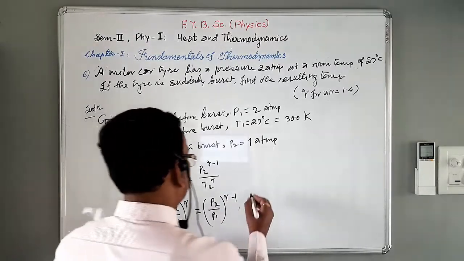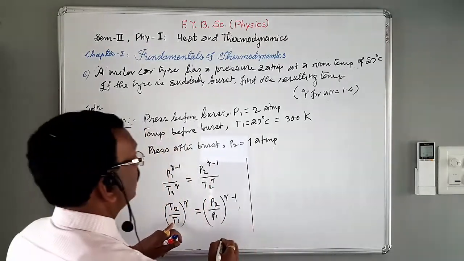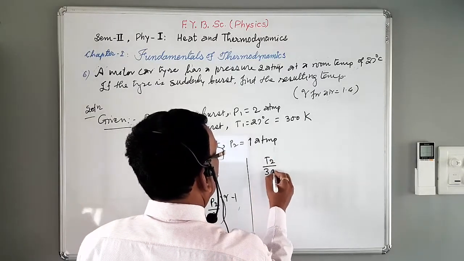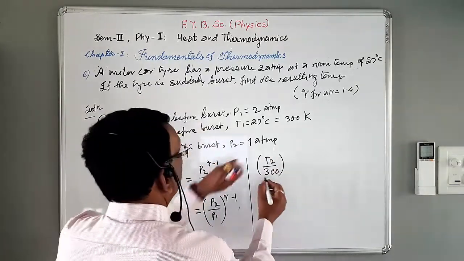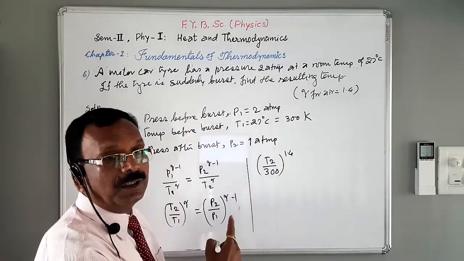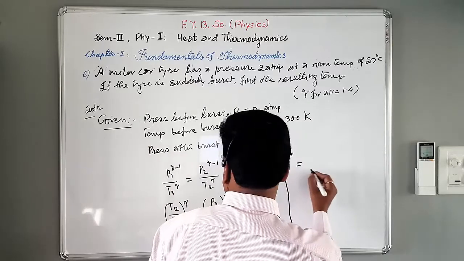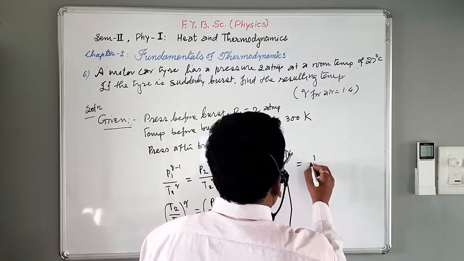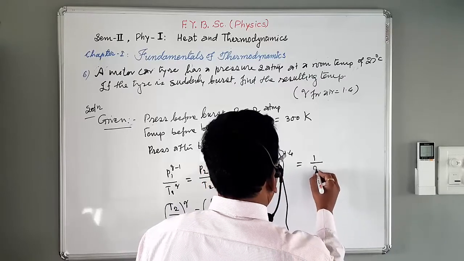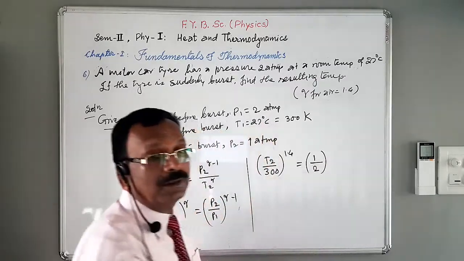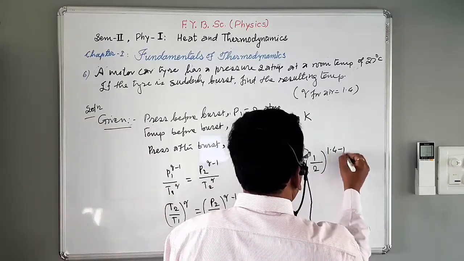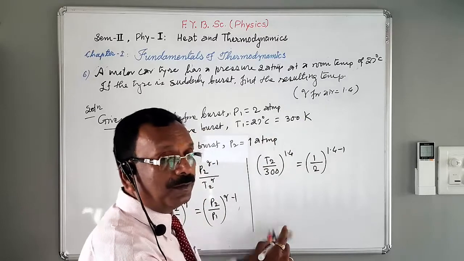Put in the values: T2 upon 300, the value of T1, equals pressure 1 atmosphere upon P1, 2 atmospheres, that is 1/2, raised to 0.4 upon 1.4, which is gamma minus 1 upon gamma.